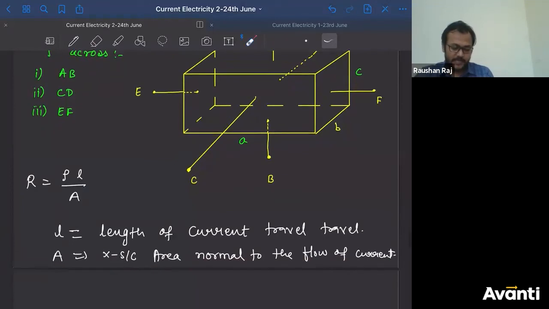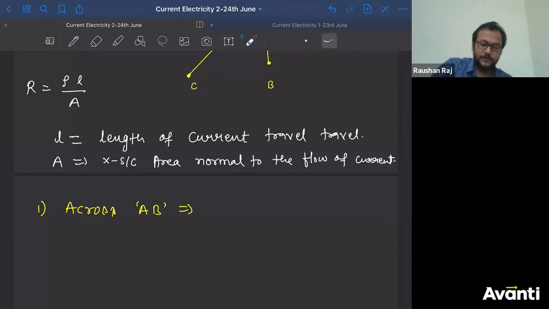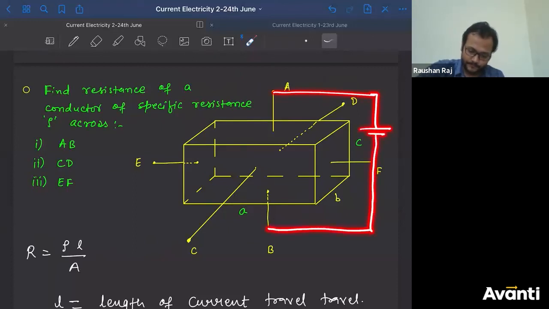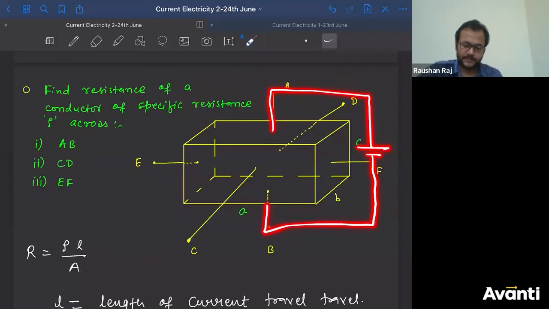Now if this is clear to you, you can get the answer for each one of them आराम से. देखिए, first one across AB. I have asked you to find the resistance across AB. AB मतलब क्या है? ये नीचे और ये ऊपर. If you're having a cuboid, that means you are connecting a battery like this.